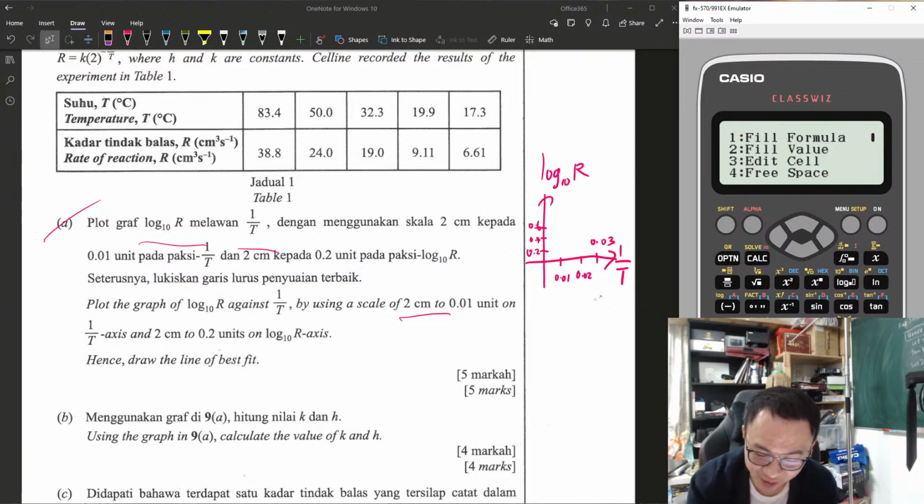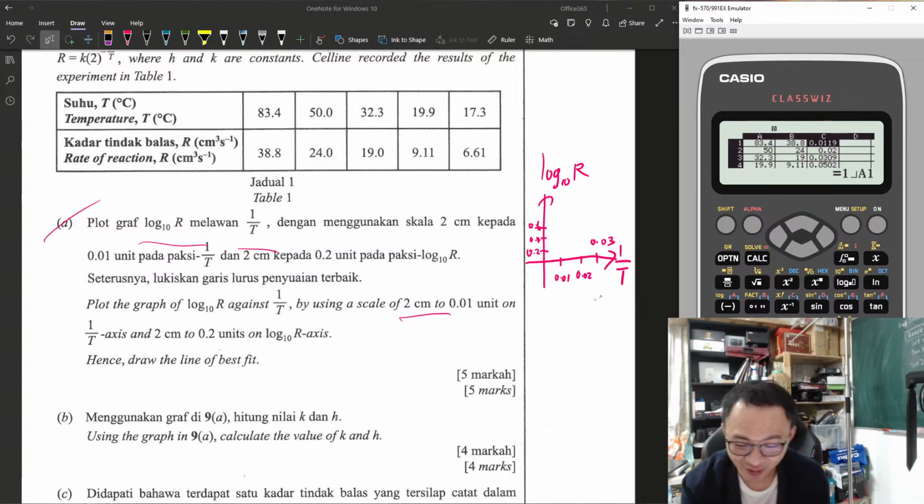I just go to the option, fill formula, and here I can fill my formula as 1 divided by A1. Then from C1 all the way to C5. Then the calculator will do all the values for me.